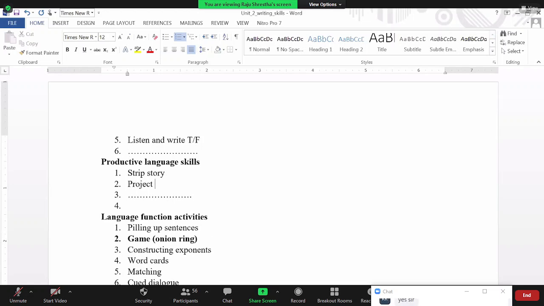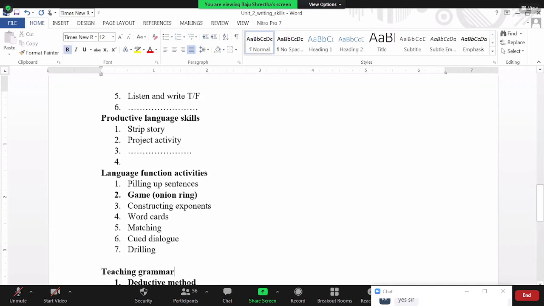Project activity we can use, because in project work both productive and receptive skills will come. So some language function activities I have mentioned here: the piling of sentences, game, one-ending game, constructing exponents, matching, dialogue, and drilling. So these are some activities.